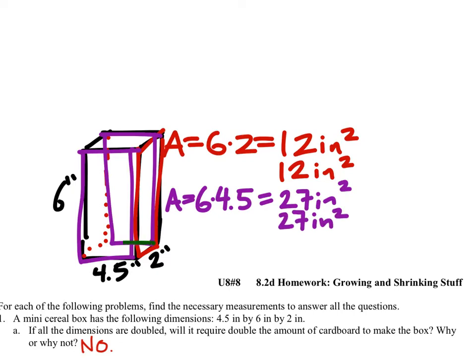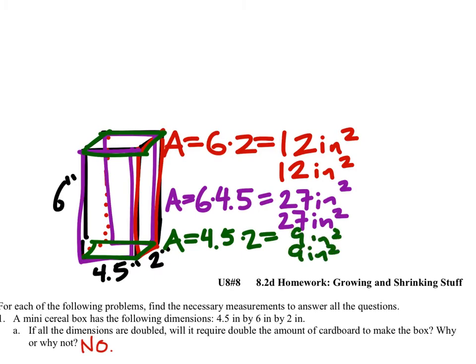Last we need the bottom and the top, which have an area of 4.5 times 2, which is 9 square inches, and I have 1 to match it. When I add all these together, that gives us 96 inches squared for the original.